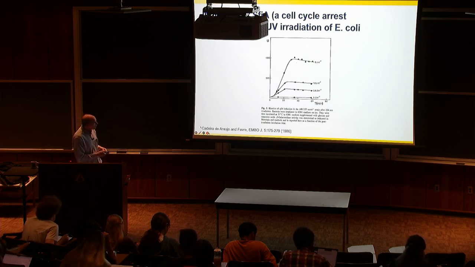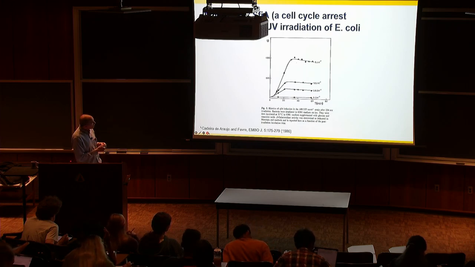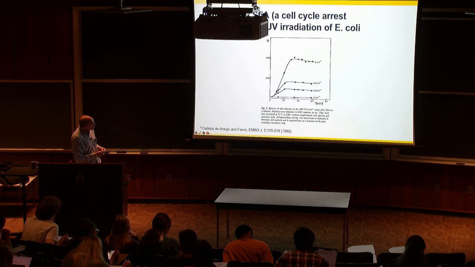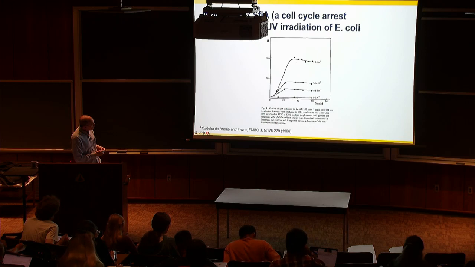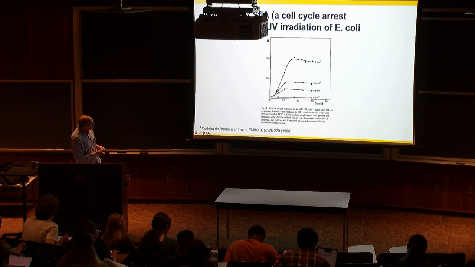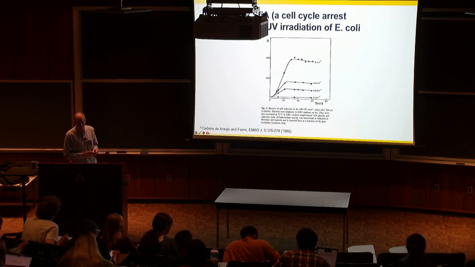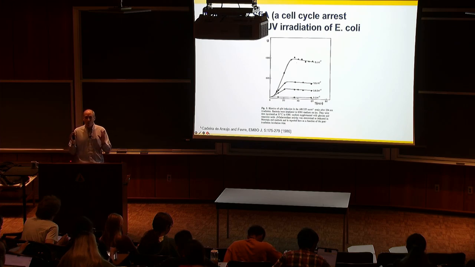Here is time in minutes on the horizontal axis, and here's the level of induction in arbitrary units on the vertical axis. And here are different doses of UV radiation, either 0, the bottom set of data points, 0.8 joules per meter squared, the next set, 1.8 joules, 5 joules. And you can see within 10 minutes, this gene is already starting to get induced. So this is a very rapid response system.